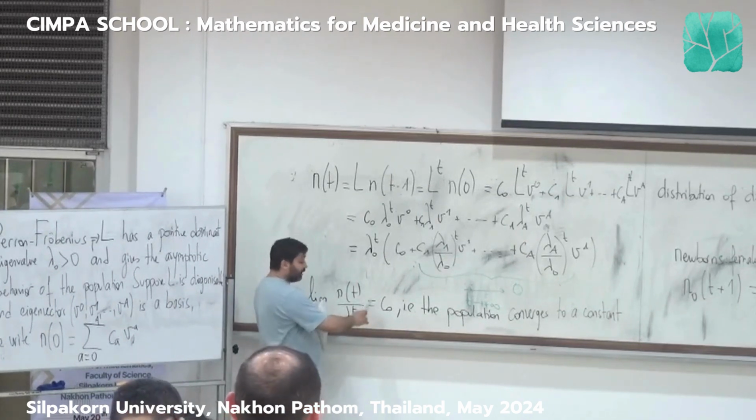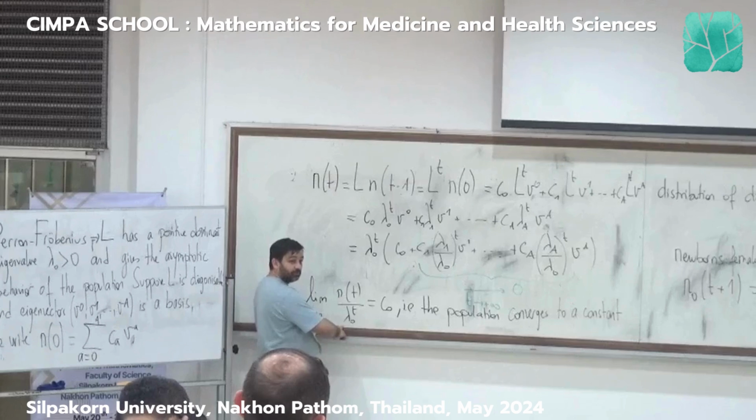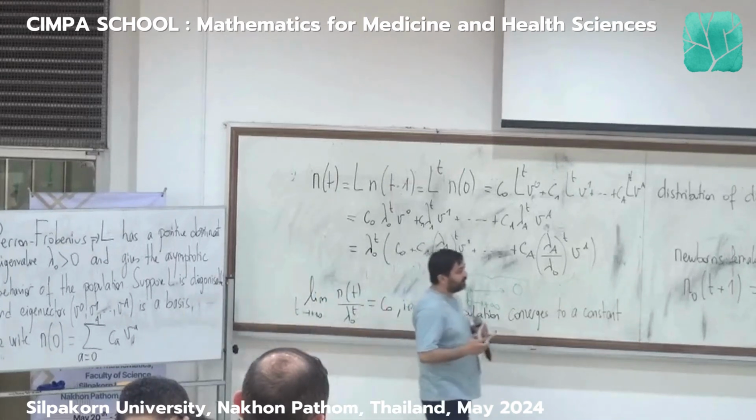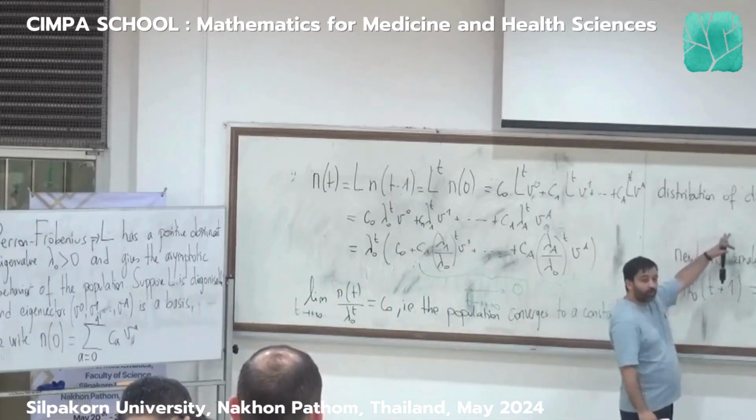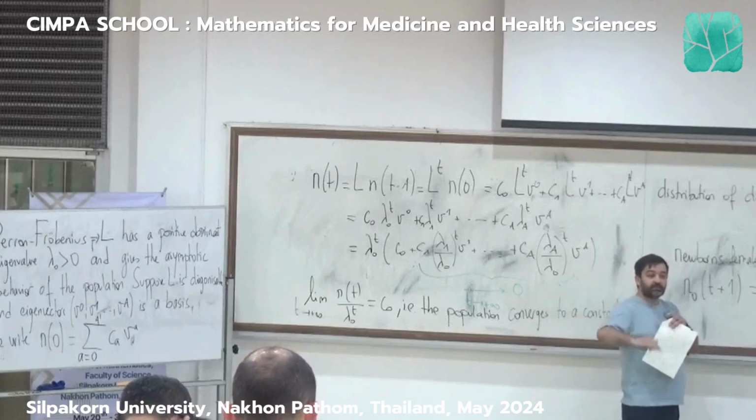I know the greatest eigenvalue, I divide by this value, and I know what will be the distribution of my population in each age.